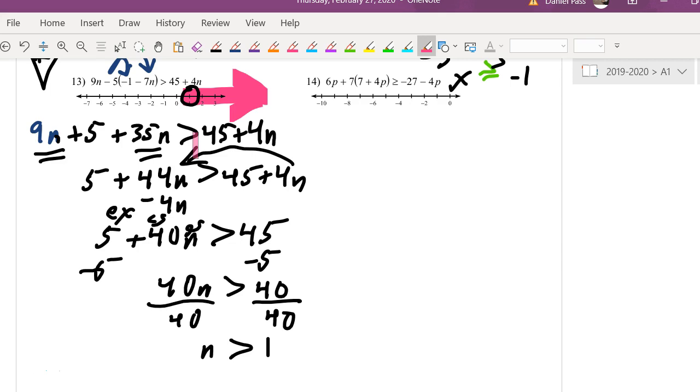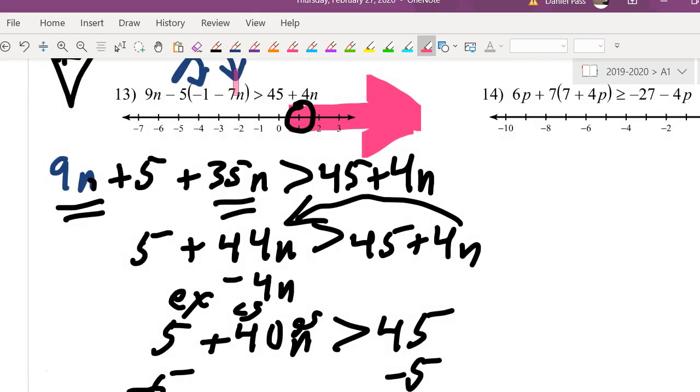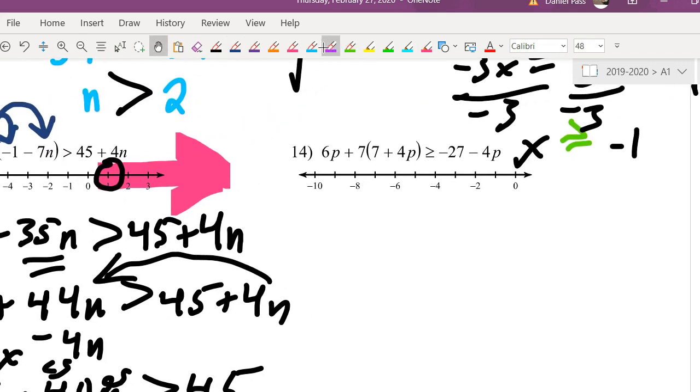Any questions? No? Okay. Number 14. Let me zoom in here. All right, here we go. First step is distribute. DCYS, DCYS, DCYS.